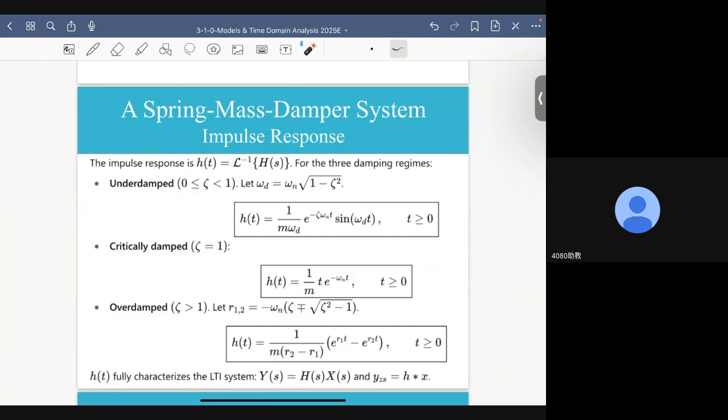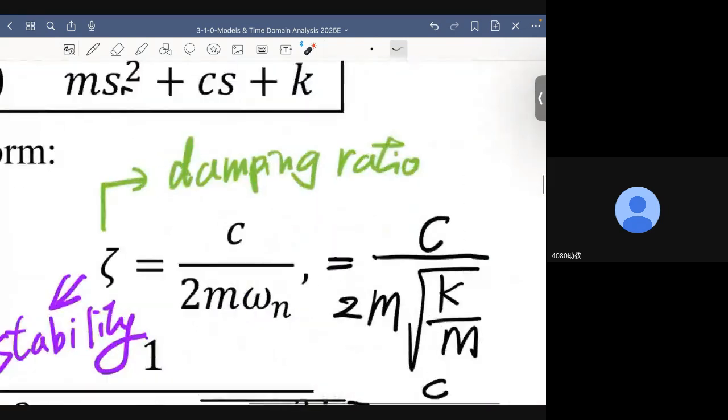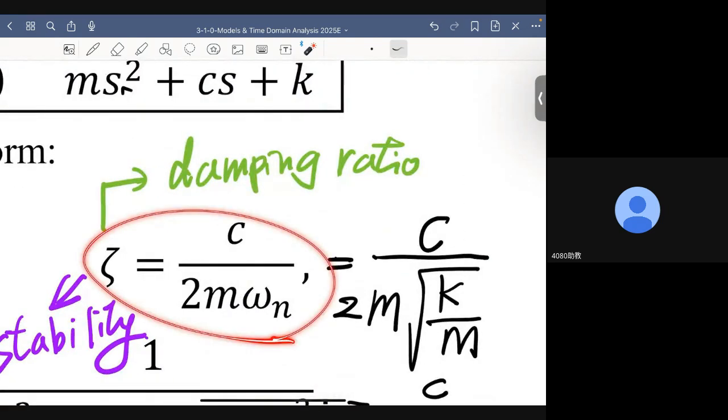It cannot be negative. Why is that the case? Because this is the definition of eta. c cannot be negative. It is the damping coefficient of a real-world damper. m cannot be negative because it represents the mass. There is no such thing as negative mass.